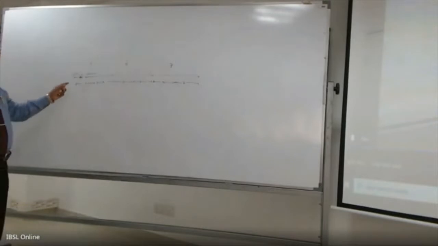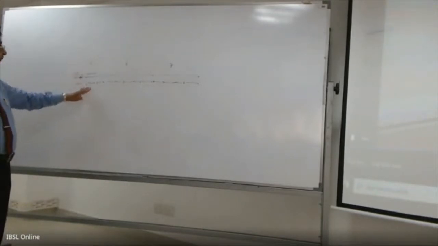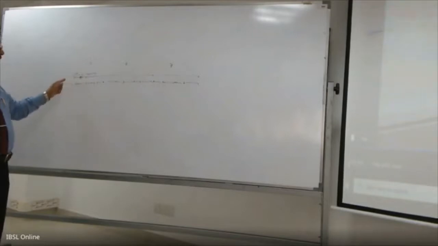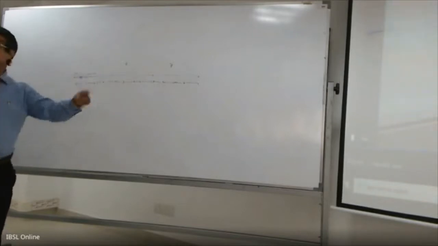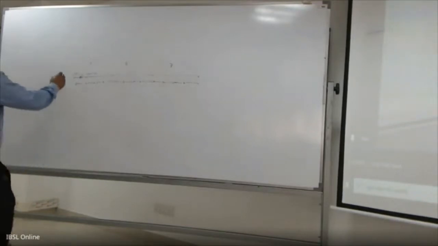Now if you take half year periods, or 6 month periods, you will get altogether 6 periods, right?